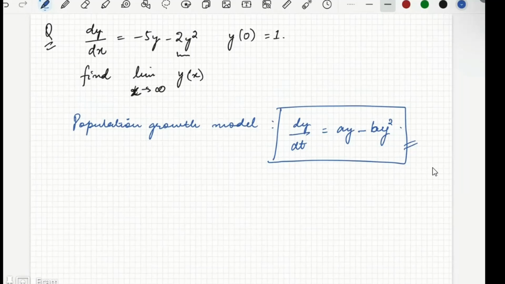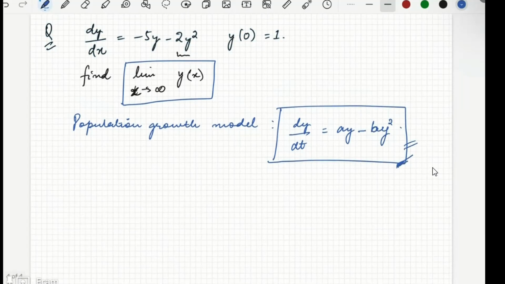If we can find the solution of this general ODE, we can easily find this limit by putting in the values of a and b, given here as -5 and -2. So let's generalize the solution of the population growth model.